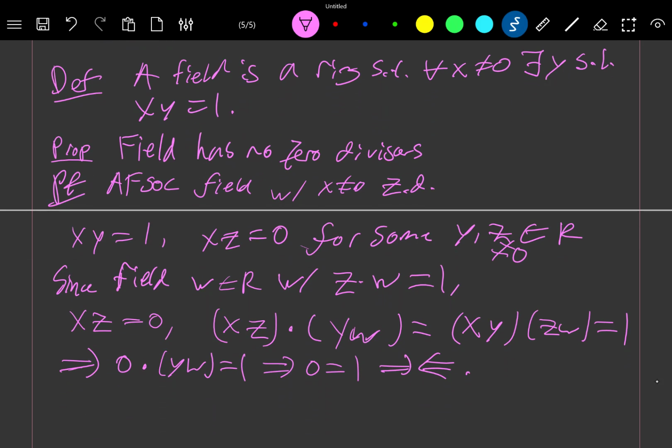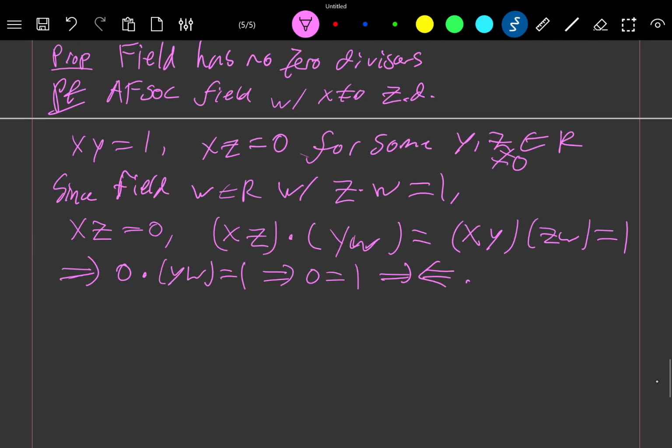A question we could ask is, when do we have zero divisors? Namely, here's the question: when is Z mod nZ a field?